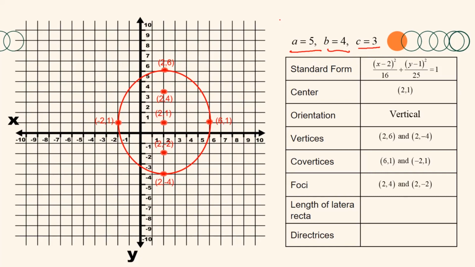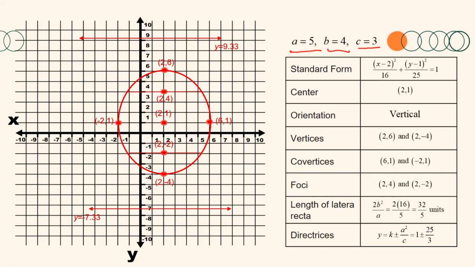The length of the latera recta is represented by 2b squared over a. Substituting the values of b squared and a, we will have 2 quantity 16 all over 5, which is equal to 32 over 5 units. Finally, since the ellipse is vertically oriented, then the directrices are the horizontal lines with the equation y equals k plus minus a squared over c.